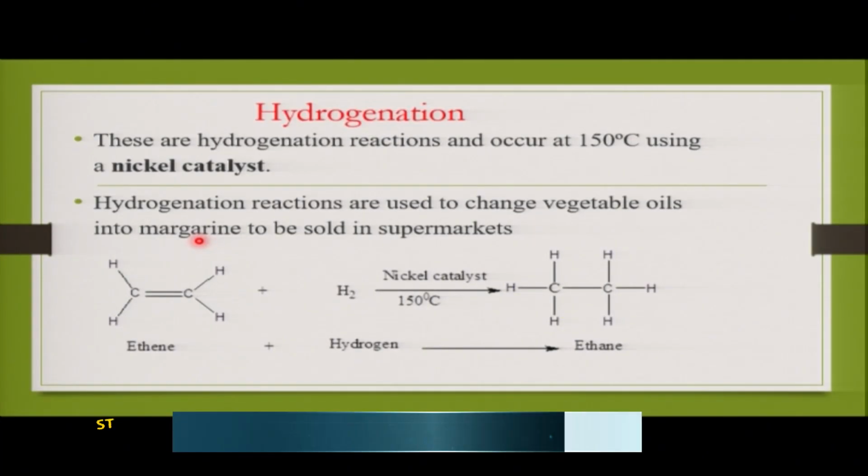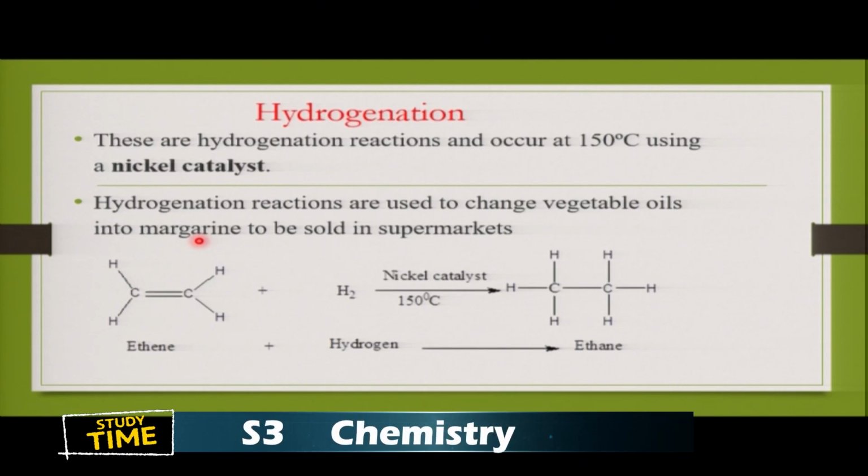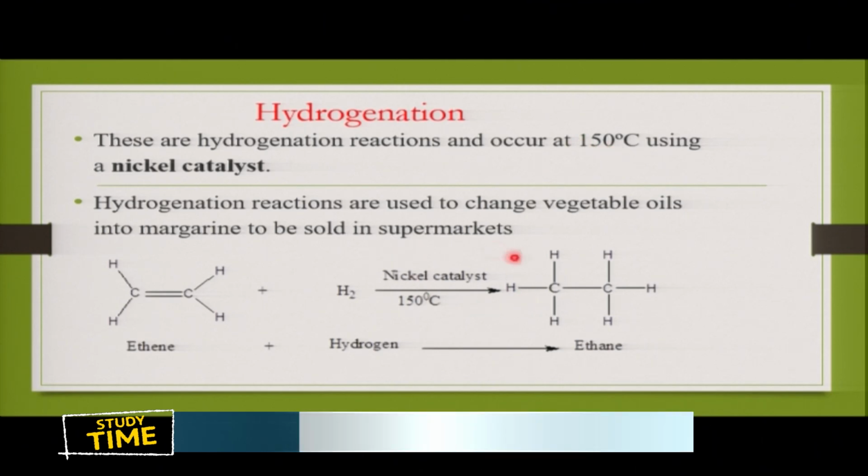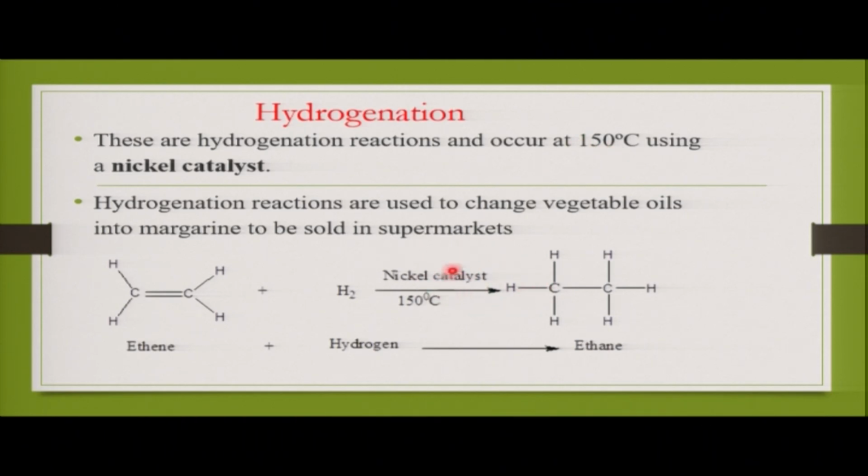Hydrogenation is also another reaction under addition reaction. In the presence of a catalyst, 150 degrees, nickel, palladium, platinum can be used as a catalyst. So the ethene is converted into ethane.